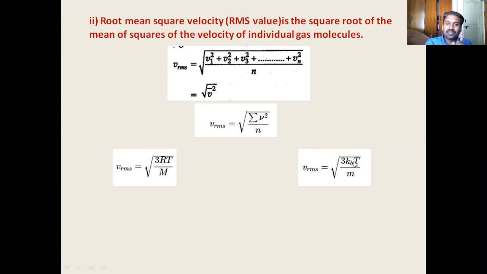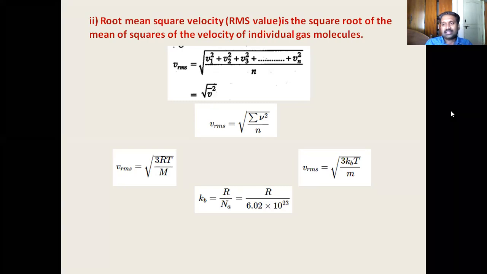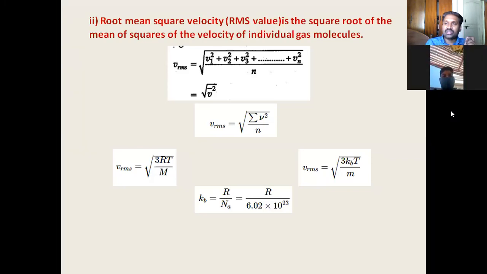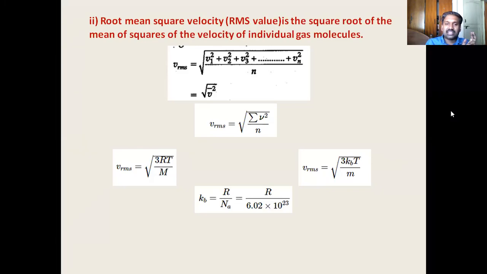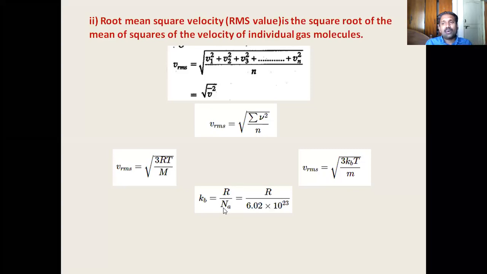Therefore, real gas constant divided by Avogadro number will always give you the Boltzmann constant. So Boltzmann constant and real gas constant are always interconvertible. Boltzmann constant is equal to real gas constant divided by Avogadro number.